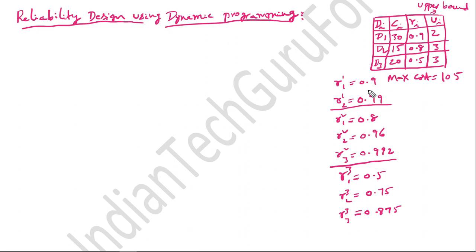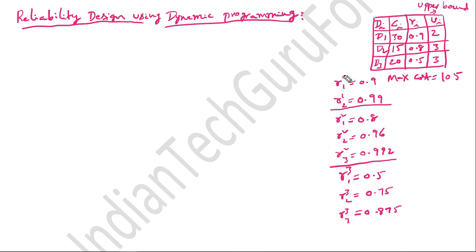And in addition to that, we have seen how to calculate r power 1 suffix 1, r power 1 suffix 2. These values represent the reliability of a particular device whenever there are one instance or more than one instance.